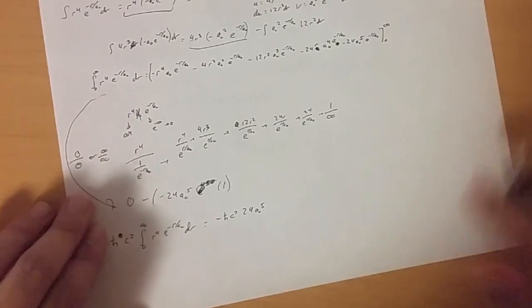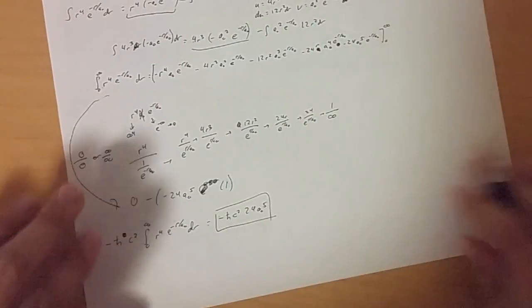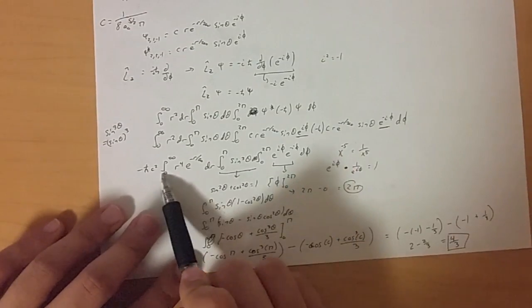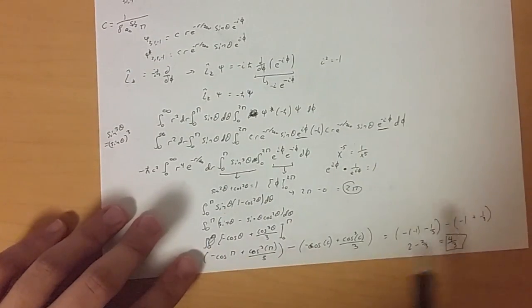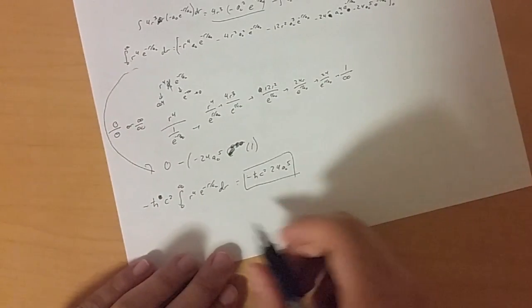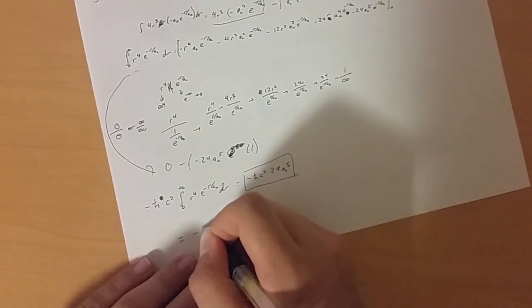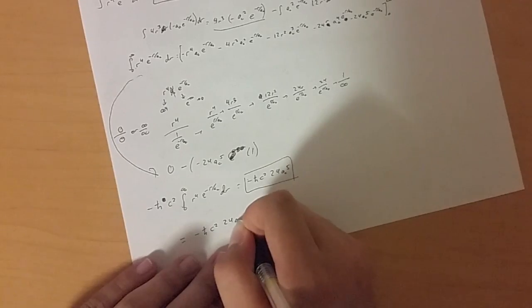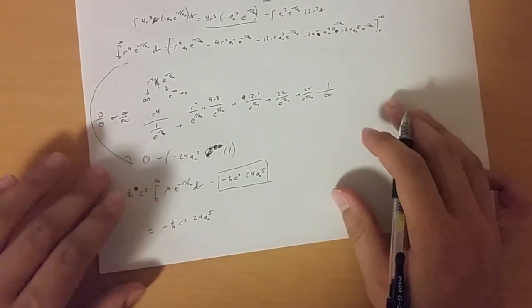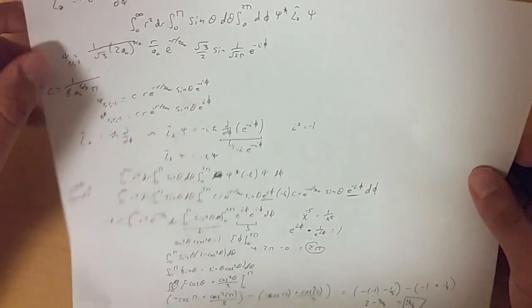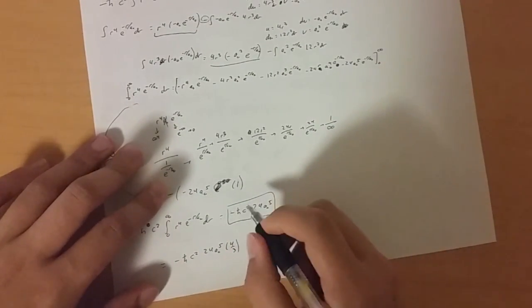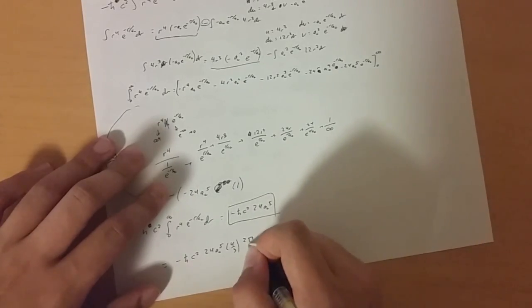Alright, now if we look on the other side of the paper, we've basically solved for all three parts of this, so then we can put it together, and we get that our whole problem is going to be equal to negative h bar c squared times 24 a naught to the fifth. I believe it is 4/3 and 2 pi. Yeah, times 4/3 times 2 pi.